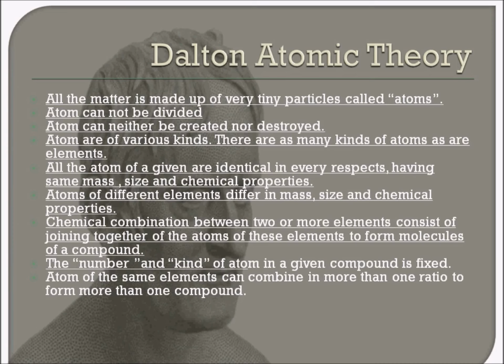He also postulated that the number and kind of atoms in a given compound is fixed, and that atoms of the same element can combine in more than one ratio to form more than one compound.